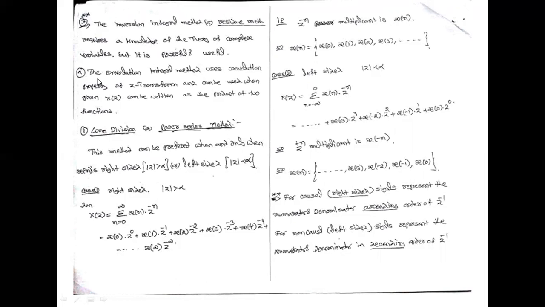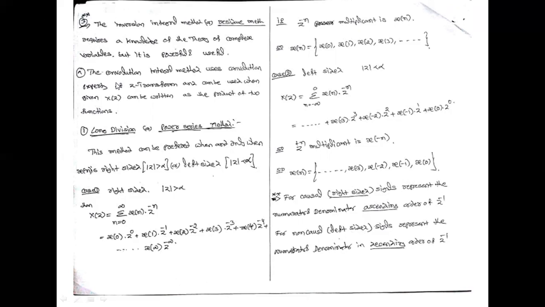And the last one is the convolution method. The convolution integral method uses the convolution property of the Z transform and can be used when the given x of z can be written as a product of two functions.